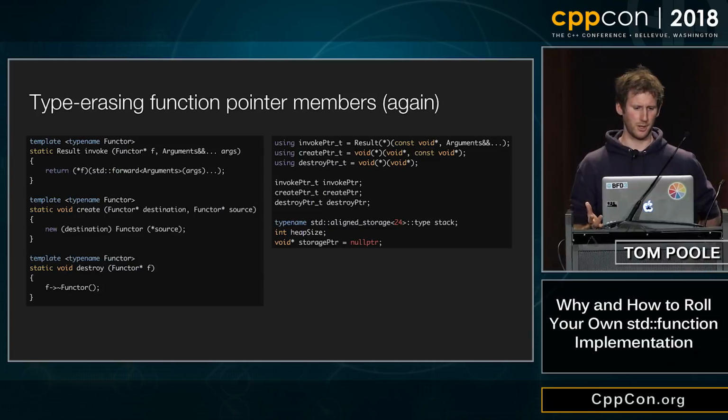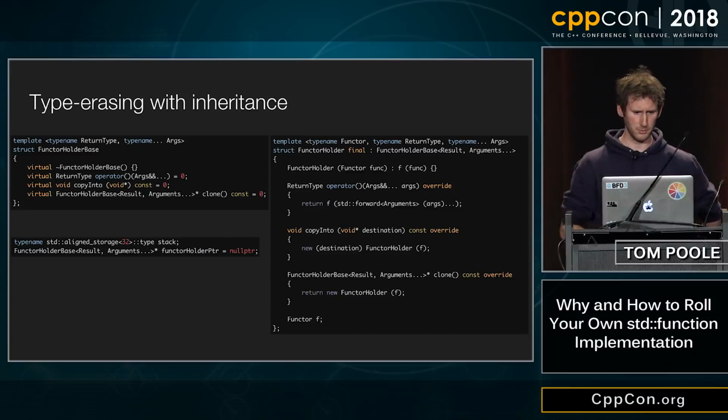And if we look at what this code is doing, we have effectively written our own vtable. A much nicer way to deal with this is just to use a vtable. So this is how most people are more comfortable with doing type erasure. On the left-hand side, we have a base class, a type-erased base class, which is doing a similar kind of thing.